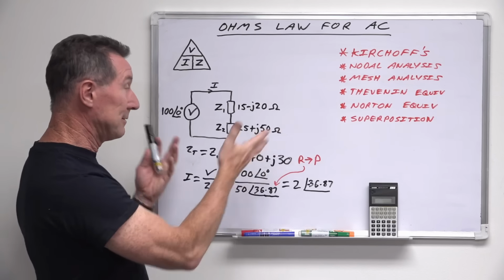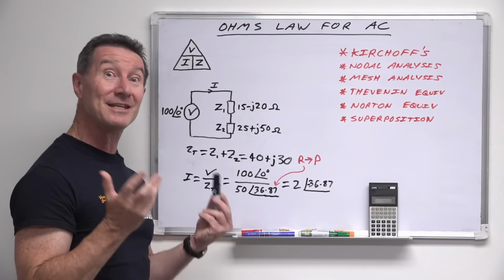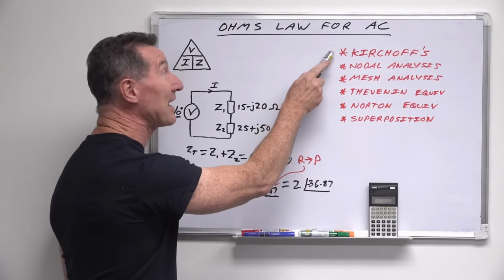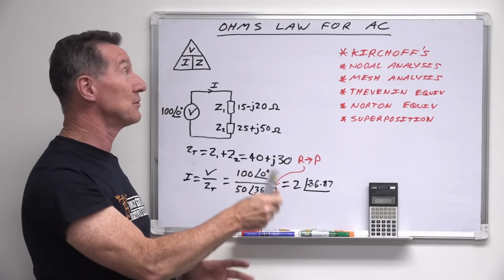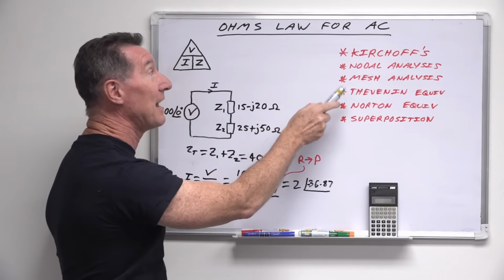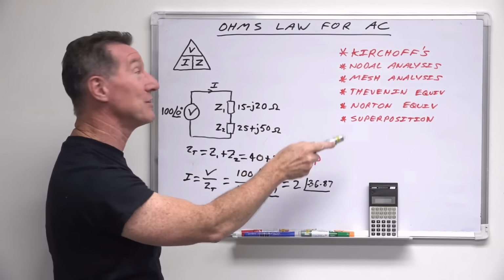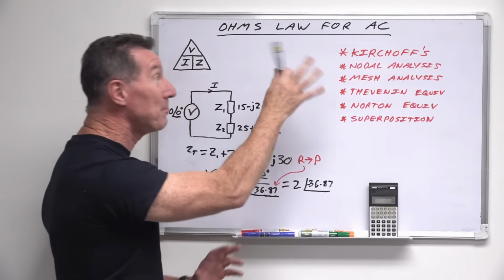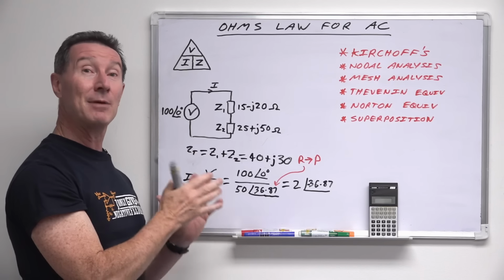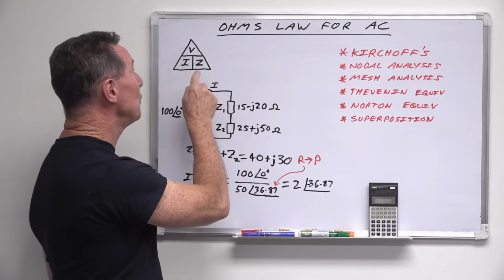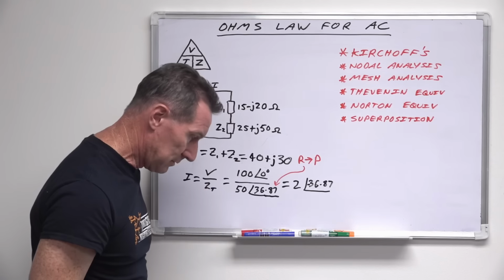So it's simple. It's dead easy. It's exactly the same. And that goes for all of the laws that you learned about in the DC Fundamental series. Kirchhoff's laws, nodal analysis, mesh analysis, Thevenin and Norton equivalent circuits, superposition theorem, all of that works exactly the same in AC, except you're using the impedance Z.